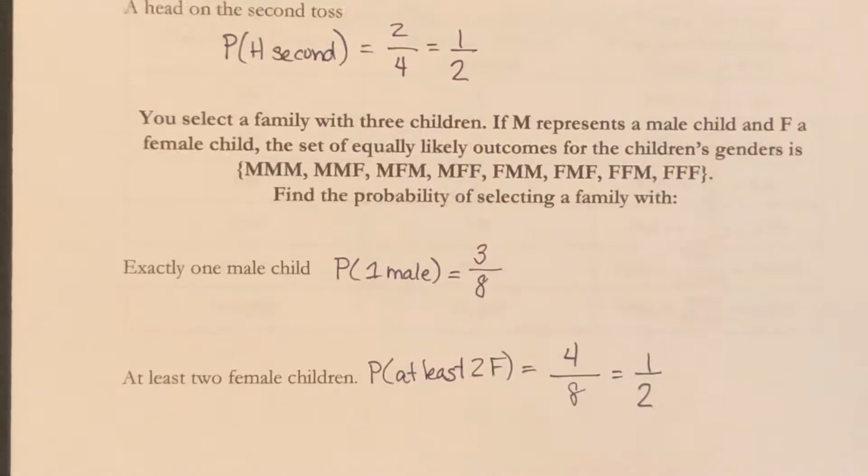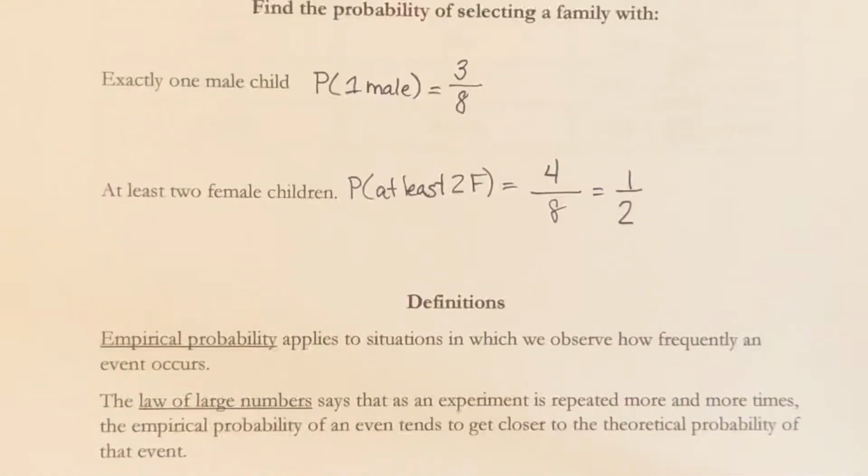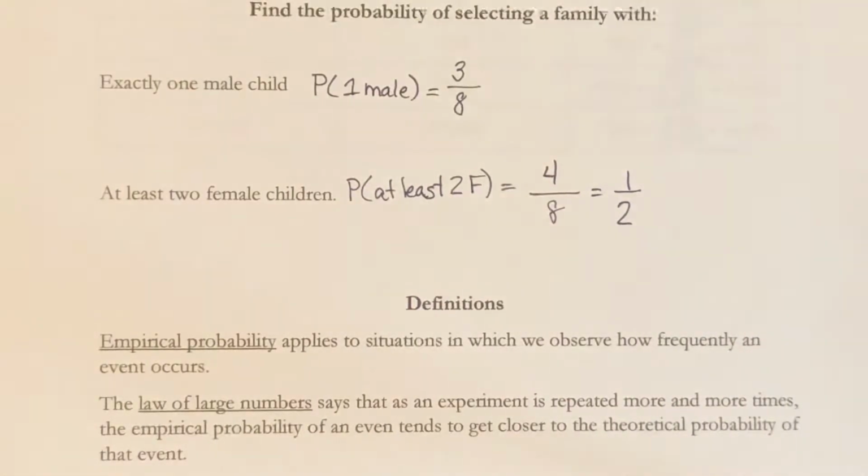Okay, so that's theoretical probability, where we are able to list everything possible, and basically we know everything about what this experiment can be and what it can't be. Okay, now we're going to talk about empirical probability. This applies to situations in which we observe how frequently an event occurs.